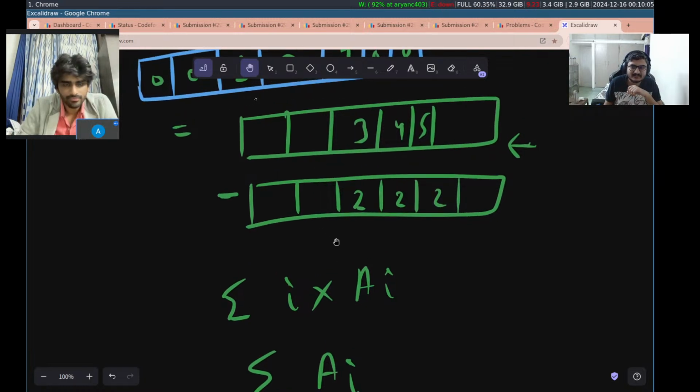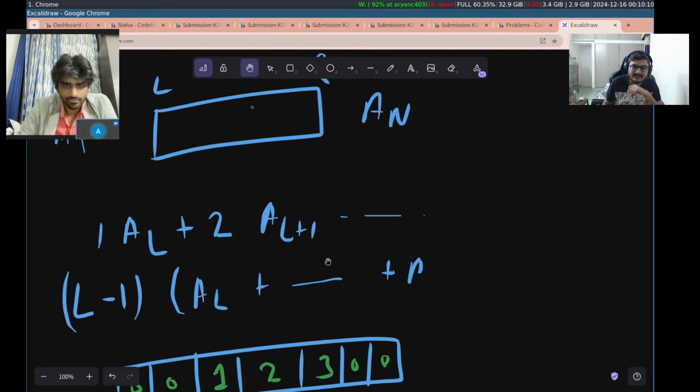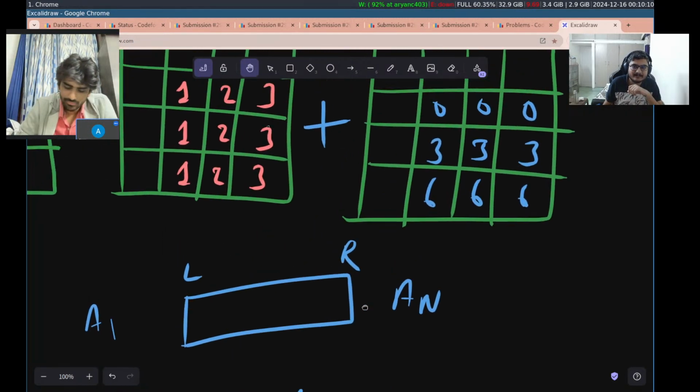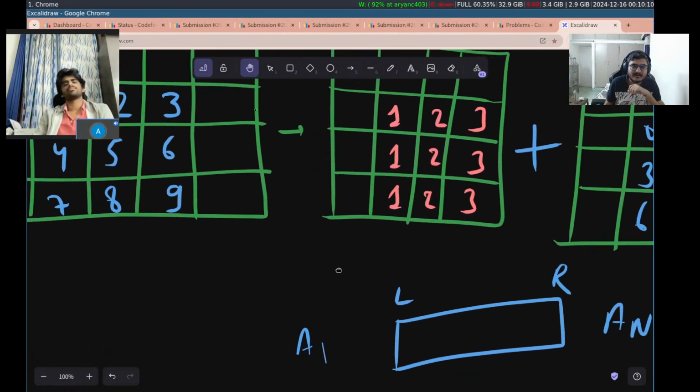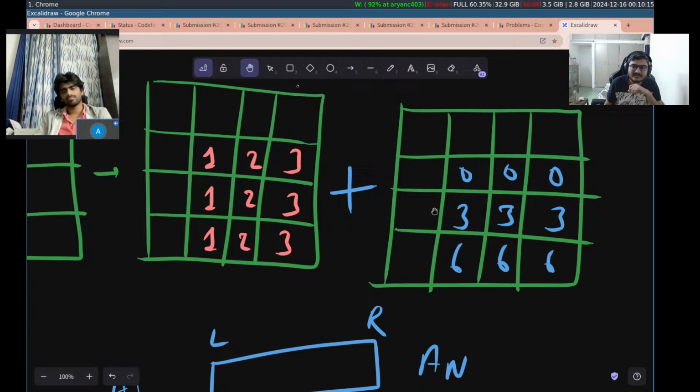So this is how you do it in the array, and the same thing changes for the matrix like this. If you want 1 2 3 4 5 6 7 8 9, you can split it first into 1 2 3, 1 2 3, 1 2 3 and 0 0 0, 3 3 3, 6 6 6. Now you can use a similar array technique with some prefix sum manipulations to get these values.